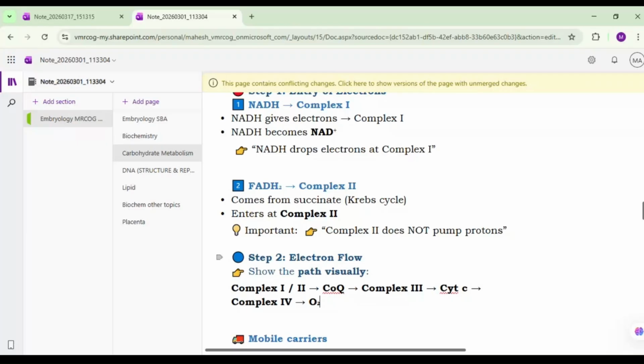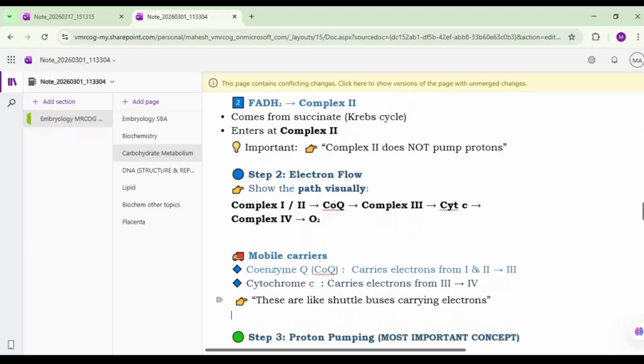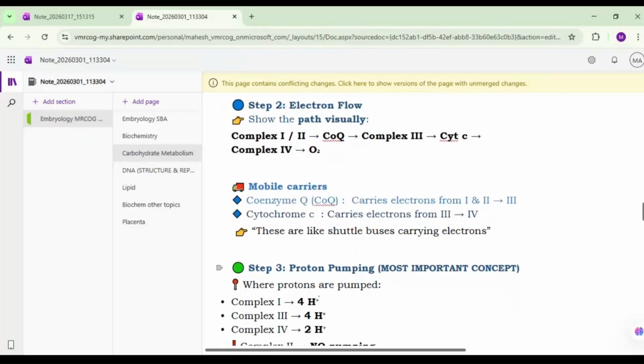So at complex 1, 4 protons are pumped out, at complex 3, 4 protons, and at complex 4, 2 protons. Coenzyme Q carries electrons from 1 and 2 to 3. Cytochrome C carries the electron from complex 3 to complex 4. These are like shuttle buses carrying the electrons.